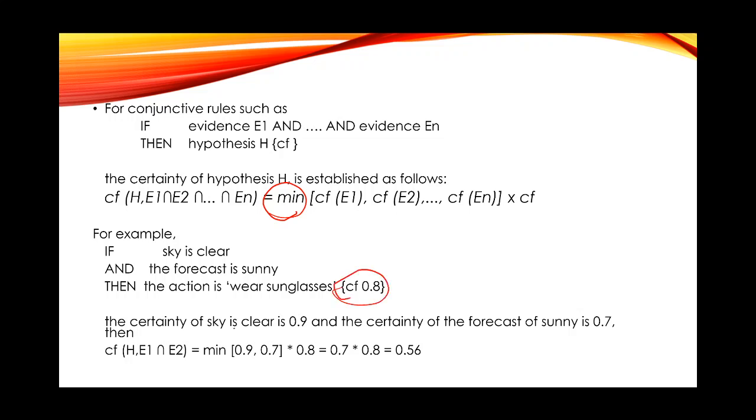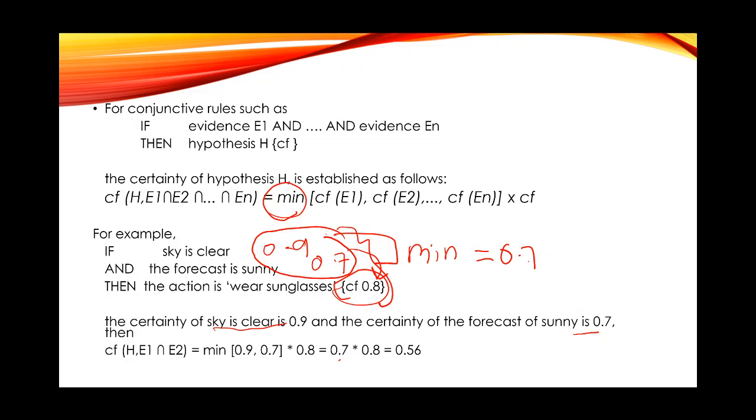Given that the sky is clear is 0.9 and the certainty of forecast is sunny is 0.7, how are we going to calculate the CF for this rule? It would be the minimum of this evidence, 0.7, times the CF of the consequence, 0.8.